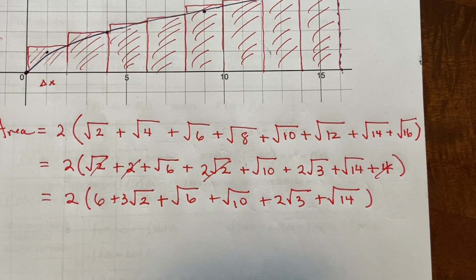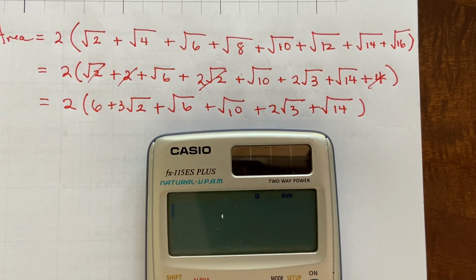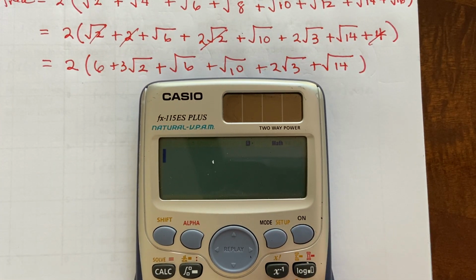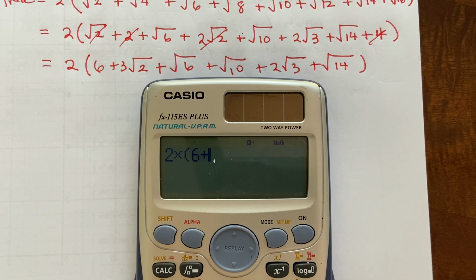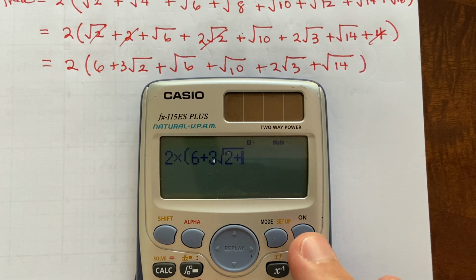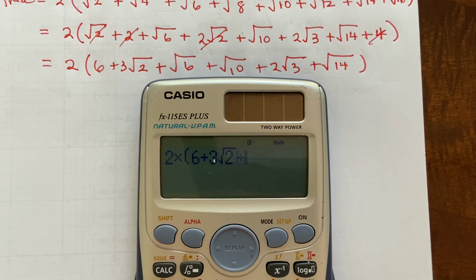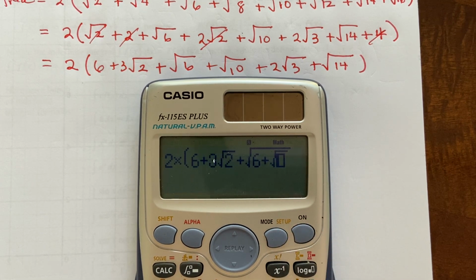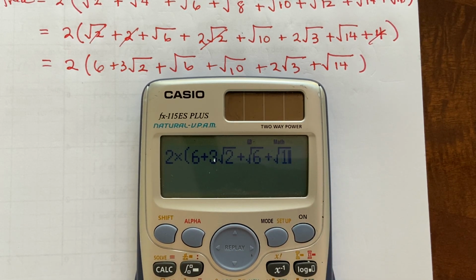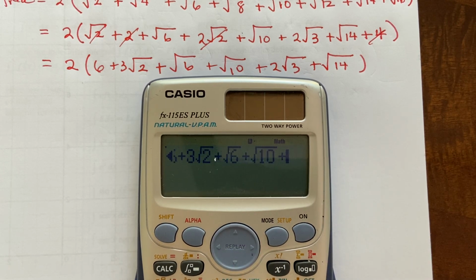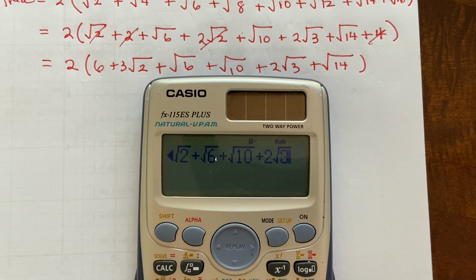Let's just see what that is. All right, so 2 times 6 plus 3 root 2 plus root 6 plus root 10 plus 2 root 3 plus root 14.